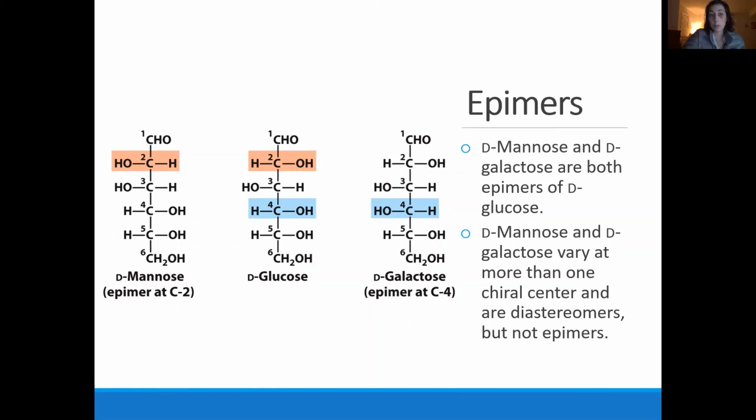So you can see mannose, for example, this carbon number 2 is the one that has changed when compared to glucose. You can see it was previously on the right in glucose, and it is now on the left for mannose. But all the other OH groups are the same.